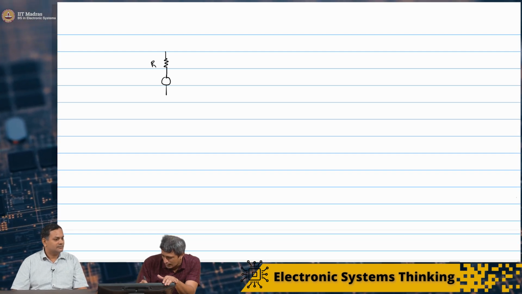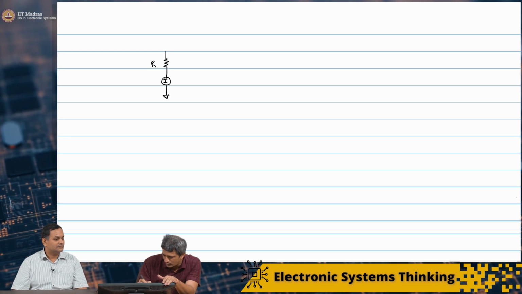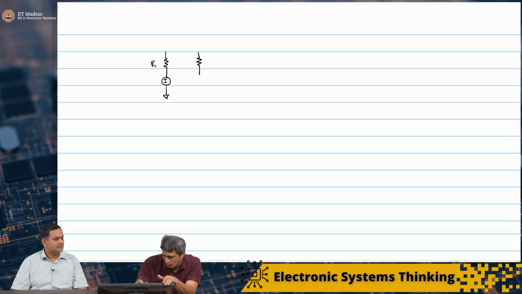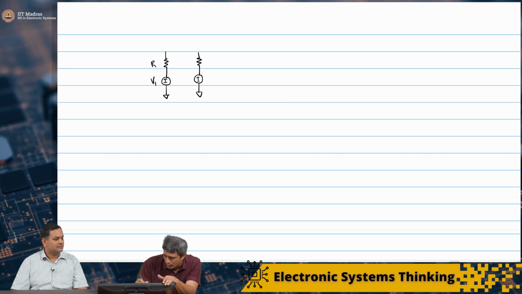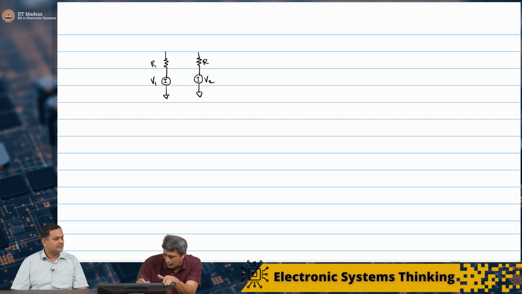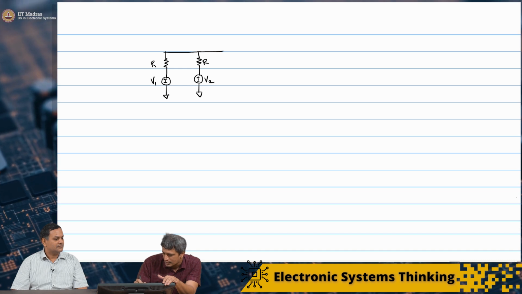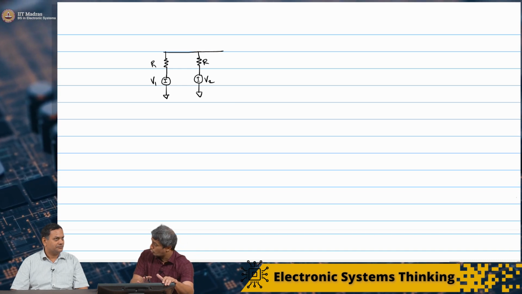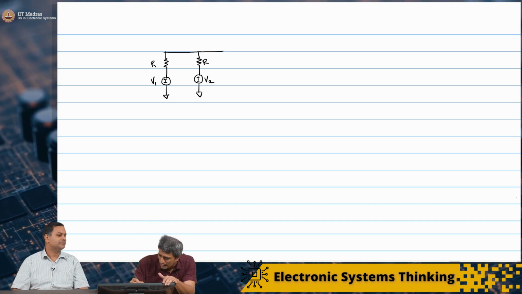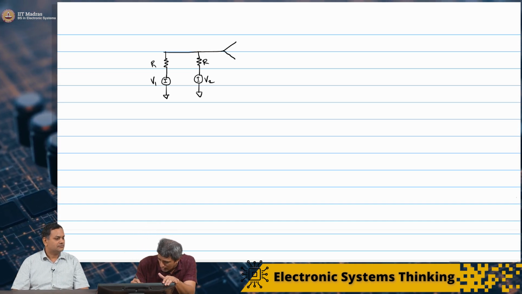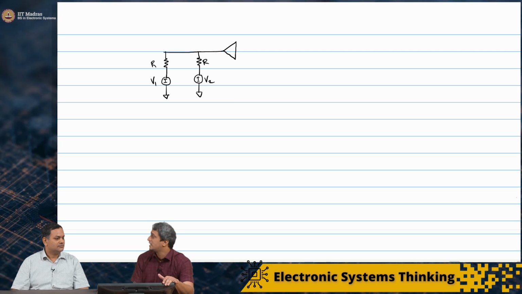Let us first take this exact circuit that we have: V1, V2, R. I'm still doing the addition in the analog domain for now. What I'm going to do is put an 8-bit ADC here.